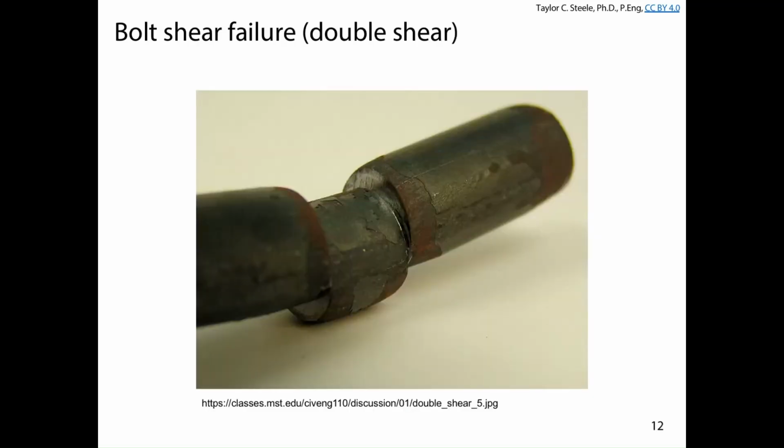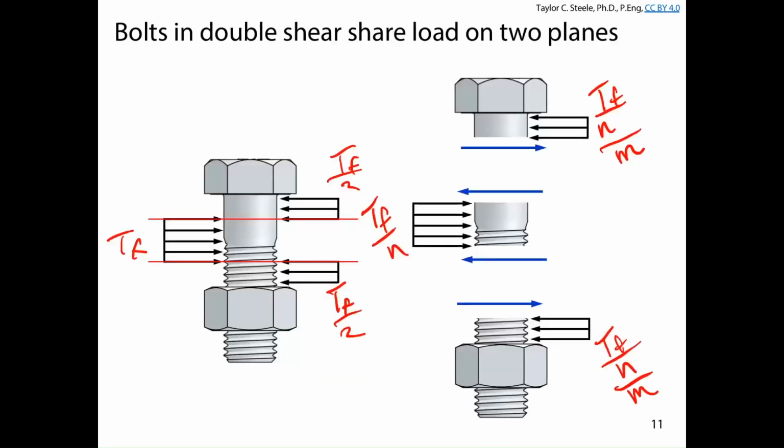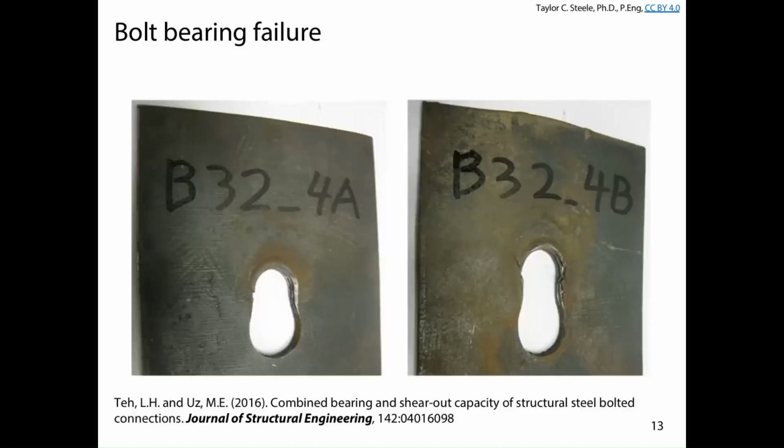In addition to the fact that bolts can fail in shear planes, we can also develop failure in the tension member itself. And so as I mentioned before, the bolts are transferring this tension into a shear force, but ultimately there's a bearing stress that's developing between the bolt and the plate itself. And what that bearing stress can do is start to squash out the steel.